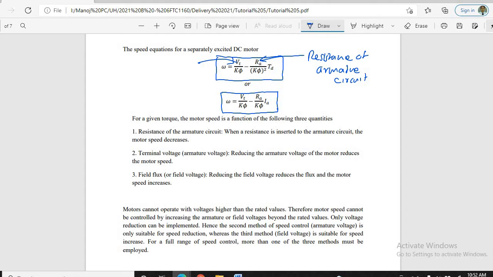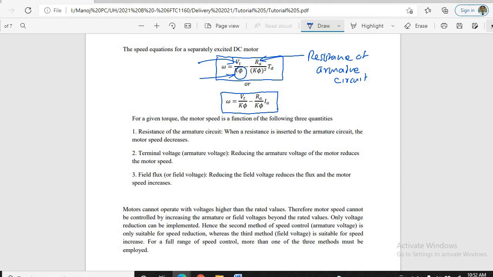Then the next one is the field flux. Field flux means when we change the field voltage, it will affect this and this. Therefore, reducing the field voltage reduces the flux, and the motor speed will increase.